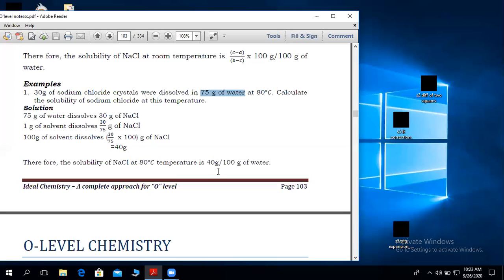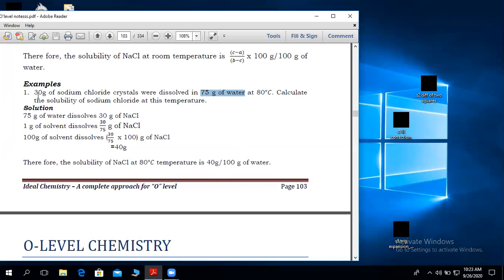Because what is the definition of solubility? It is the amount of solute in grams required to saturate 100 grams of the solvent. So if they have given you the mass of the solvent, it means this 75 grams dissolve 30 grams of sodium chloride.